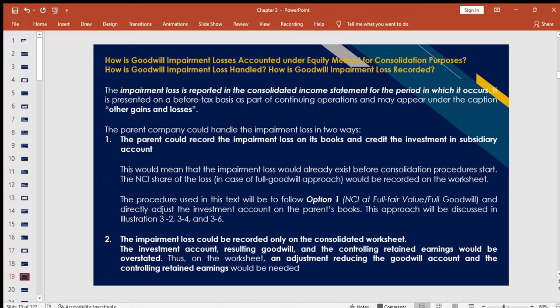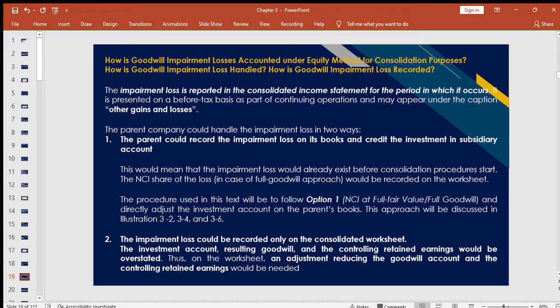The procedure used in this text will be to follow option 1, the full goodwill approach, and directly adjust the investment account on the parent's books. This approach will be discussed in illustrations 3-2, 3-4 and 3-6.